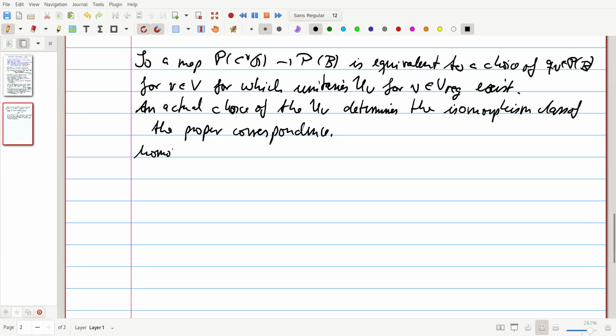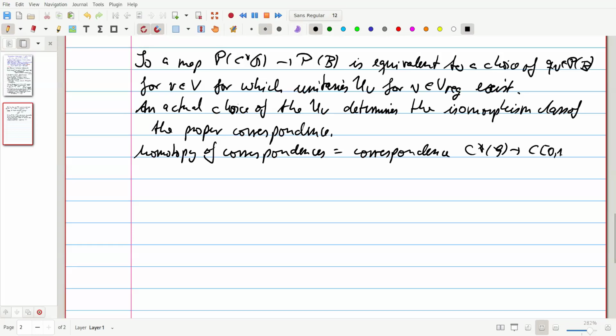So this would be a correspondence into these continuous functions into B. And you probably know that K-theory is homotopy invariant, and this already is true on the level of these P of C-star algebra monoids.